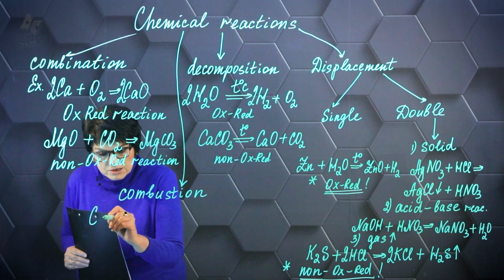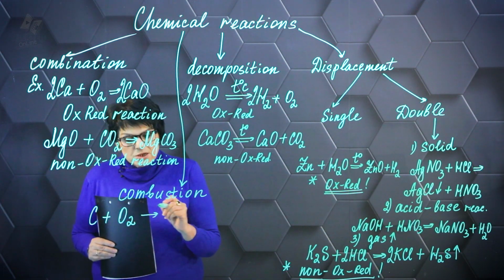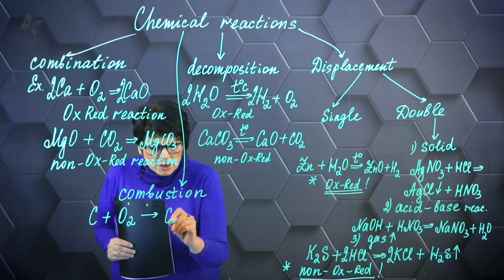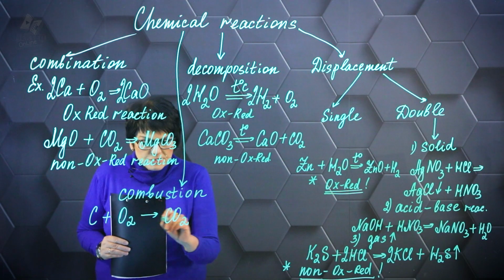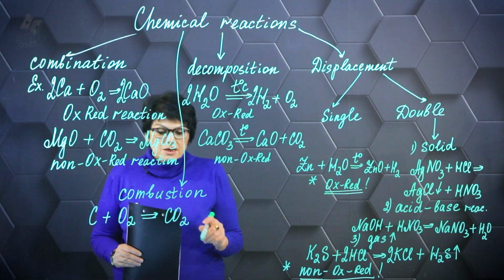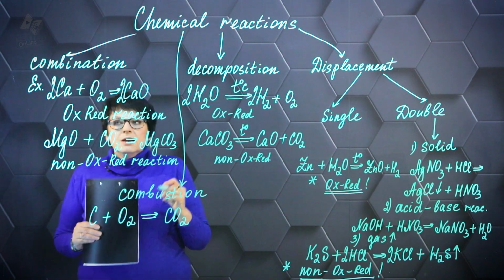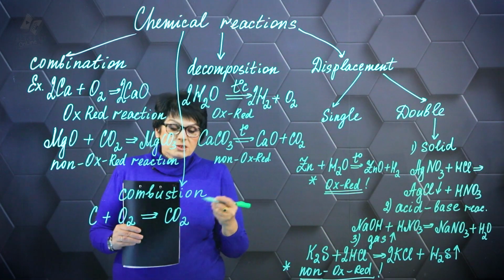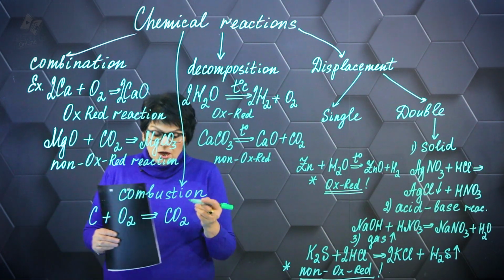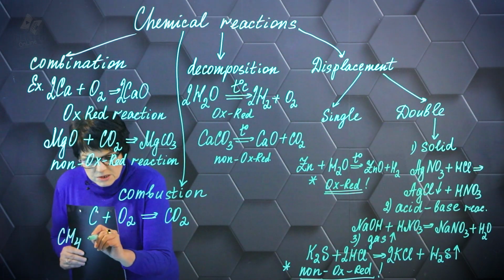If we take the combustion of a simple substance, the combustion of coal occurs like this. As a result of the reaction, carbon dioxide will be released. Coefficients are not required. This reaction naturally looks like a coupling reaction, but it can also be referred to combustion reactions.